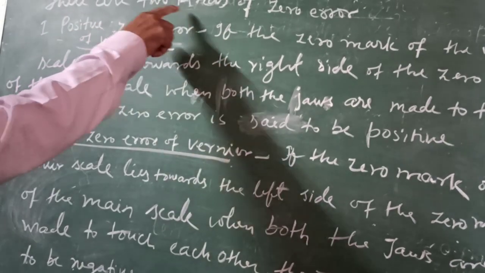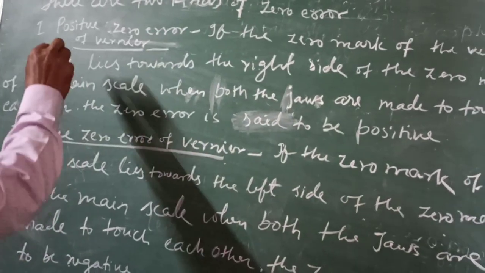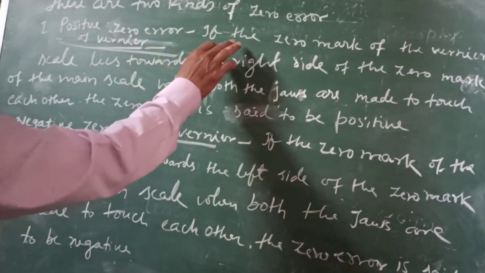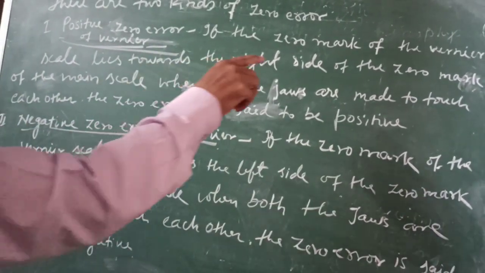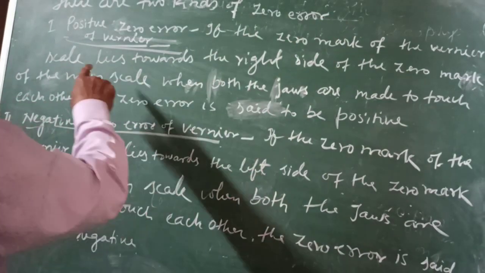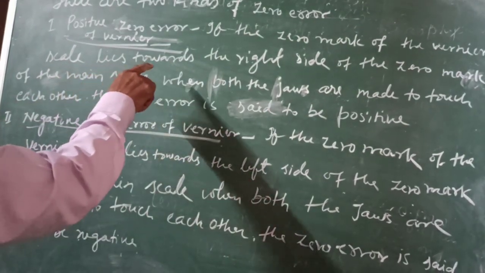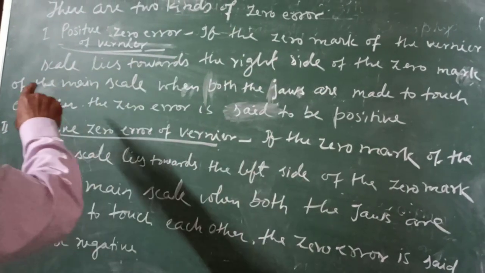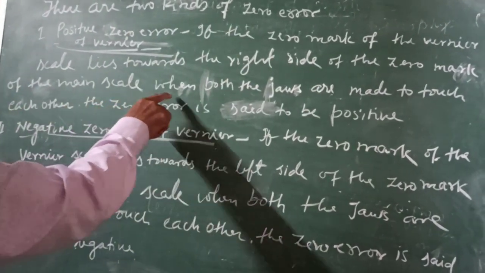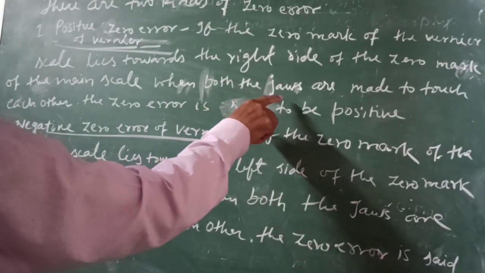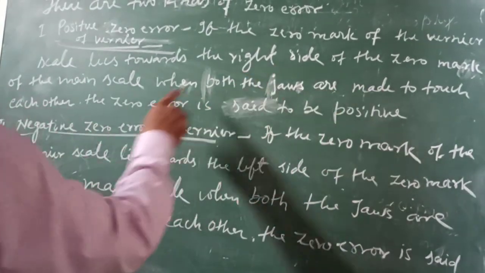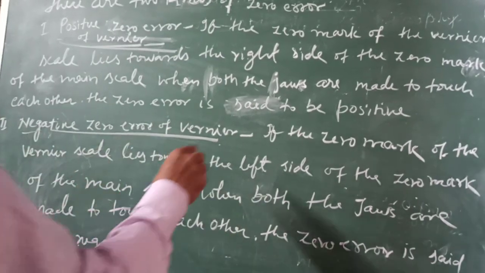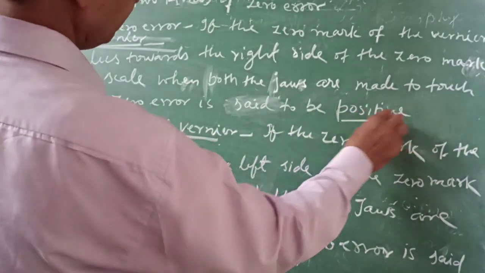There are two kinds of zero error. Positive zero error: if the zero mark of the vernier scale lies towards the right side of the zero mark of the main scale when both the jaws are made to touch each other, the zero error is said to be positive.